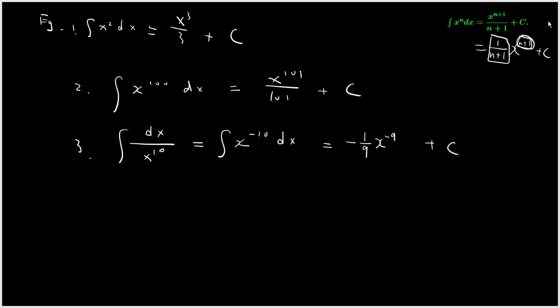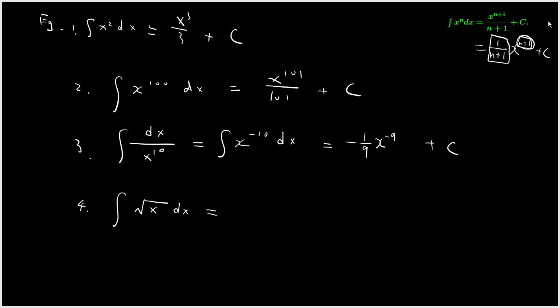Now I'm going to show you one other, and then you can try some more. So maybe for question number 4, let's say square root of x and then dx. You know, square root of x is essentially a power function, because it can be written in the form of a power function, right?